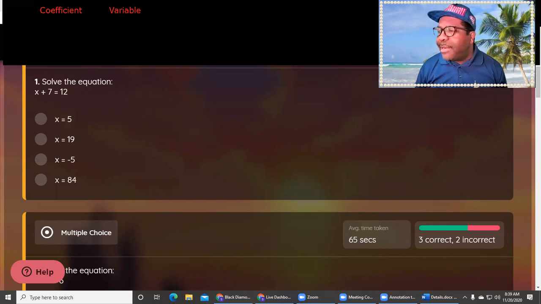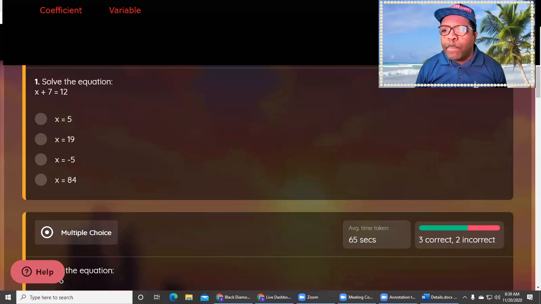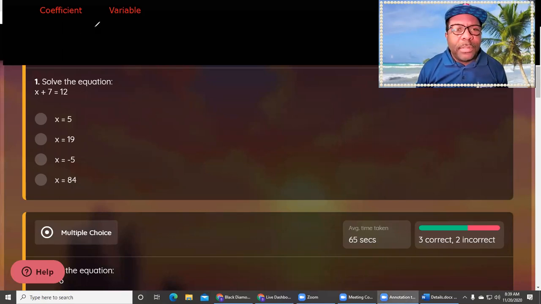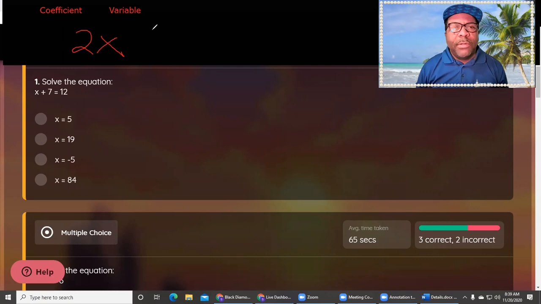If I had a problem I was working, and let's say it was 2x. This is the variable, and this is the coefficient.